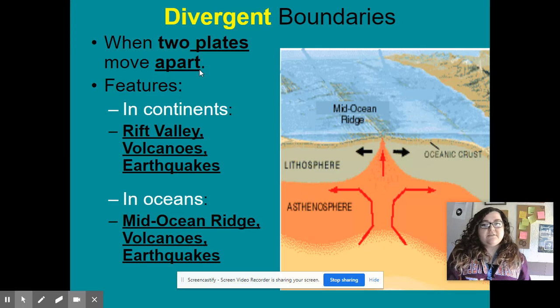I don't think I actually mentioned this before. I could have. But a really good example of a rift valley is over in Africa. Probably 100,000 years or more from now, a large chunk of Africa is actually going to be separated from the main continent because there is a rift valley that's occurring.